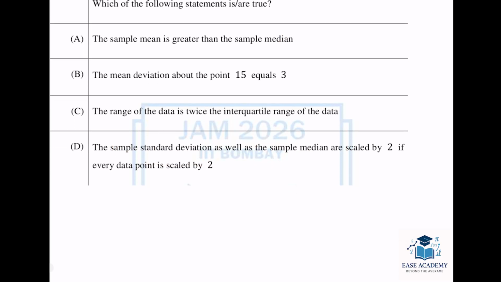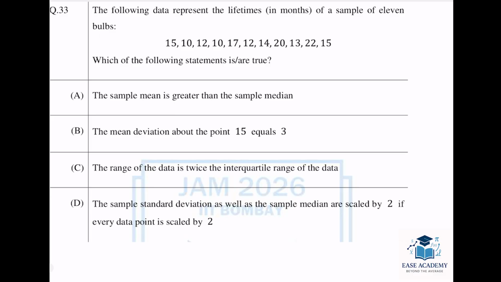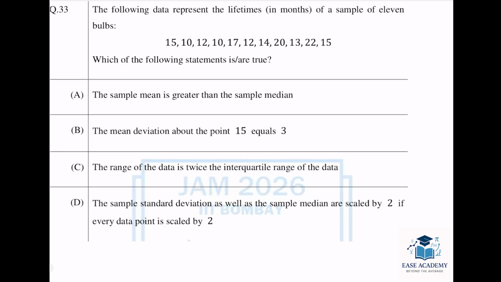So for option A, we need sample median and sample mean. For the sample median we have to arrange this data. So let us arrange: the minimum one is 10, 10, that is 10, 10.